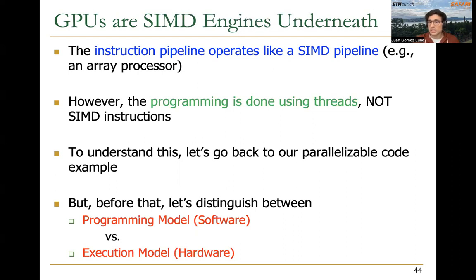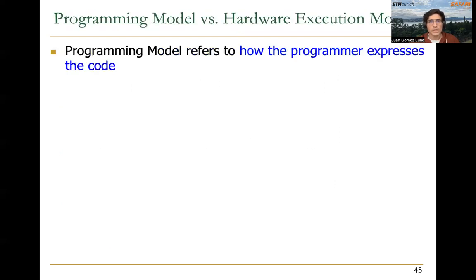What is different is the execution model that refers to the hardware, how instructions are executed onto the existing hardware. As we will see, we can write code for threads, but the hardware can later take these threads, put them all together into a SIMD unit as if they were SIMD instructions and execute them onto the underlying SIMD hardware.